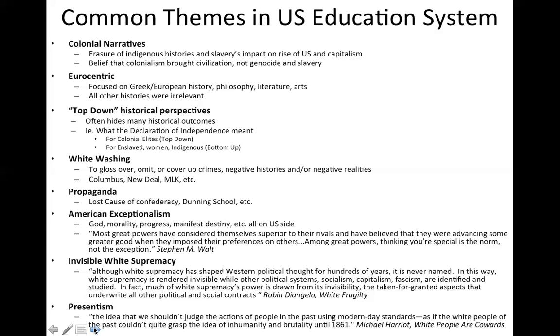And then propaganda next. We're going to talk a lot about the Lost Cause of the Confederacy and the Dunning School, these institutions that arose not right after the Civil War, but during periods like Plessy versus Ferguson and the 1960s Civil Rights Bill. So they rose during these movements toward racial progress, and they rose up to basically rewrite our history and downplay slavery, downplay the atrocities of the South during the antebellum period, as a way to almost continue white supremacy and intimidate Black people to this day.